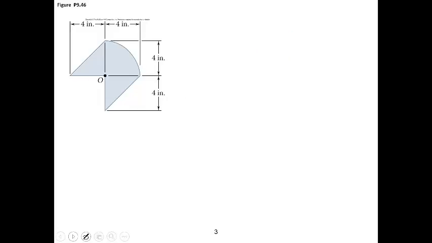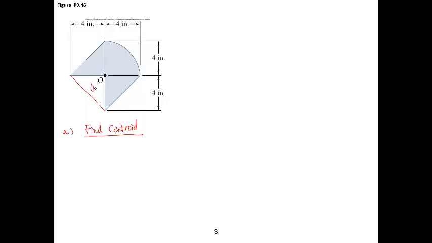So the first step is to determine how many different shapes I am looking at. Of course, you can look at it from many different perspectives, and I'm going to see which way is easier.